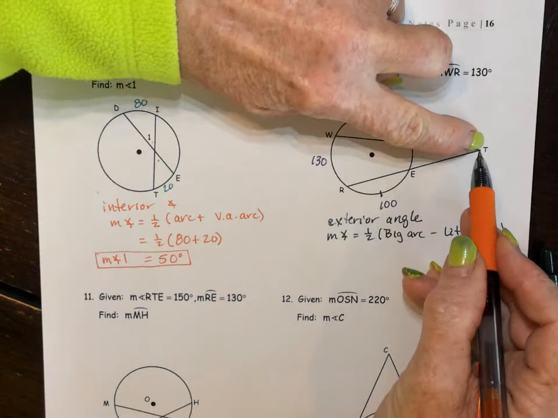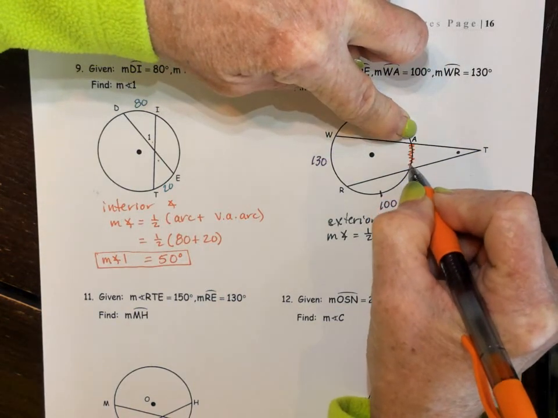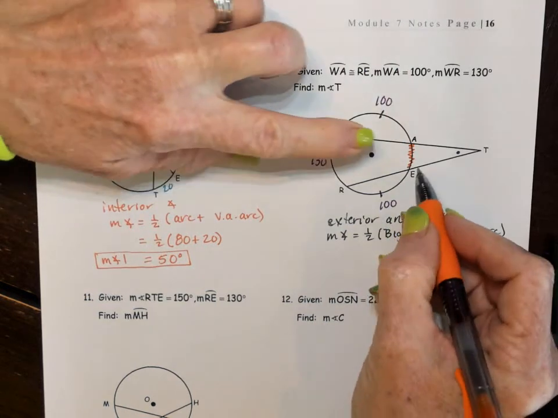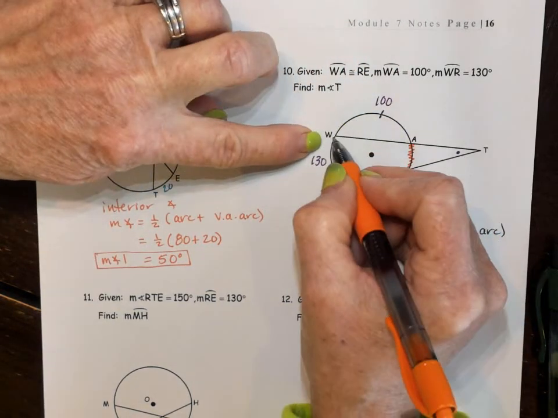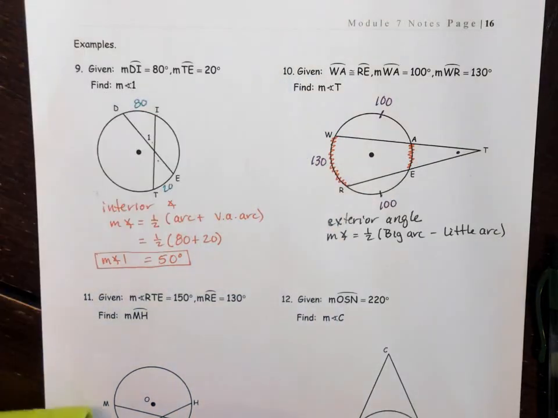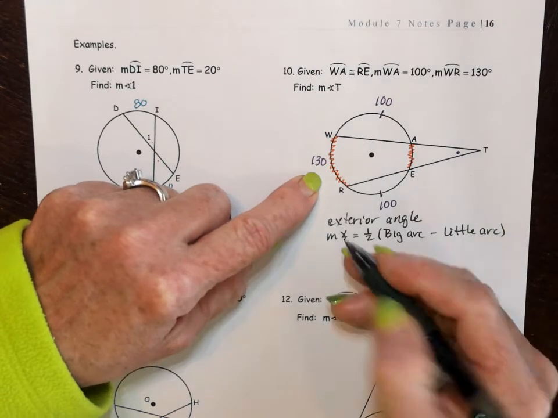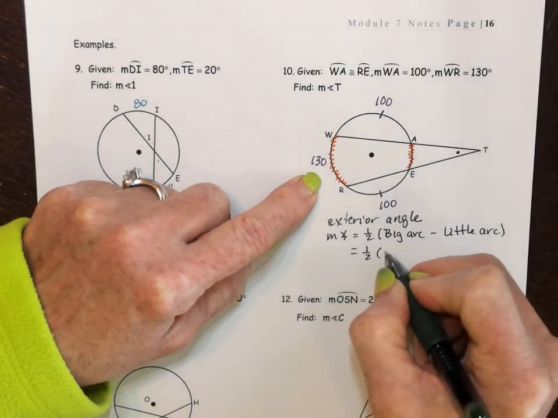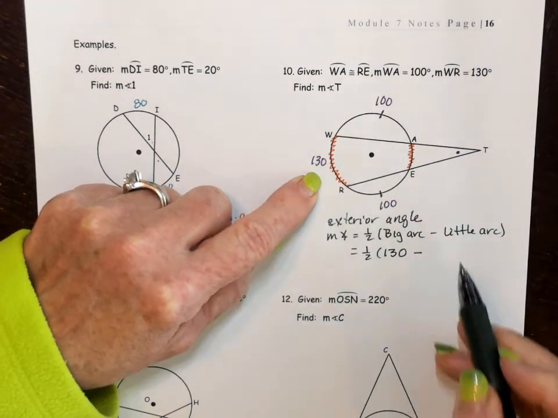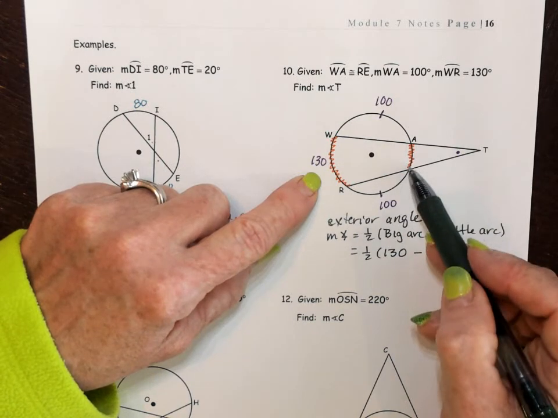From angle T, when it first hits the circle, that's the little arc. And keep going along the sides out till it hits the circle again. There's the big arc. The big arc for sure we can see is 130, minus the little arc, which we don't have. We're going to have to figure that out.